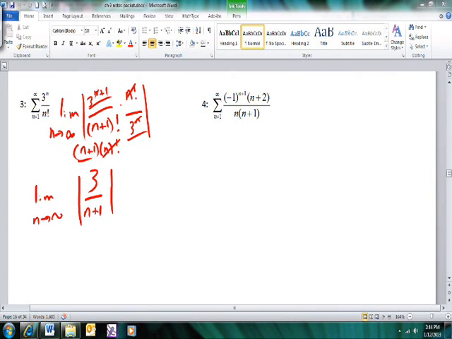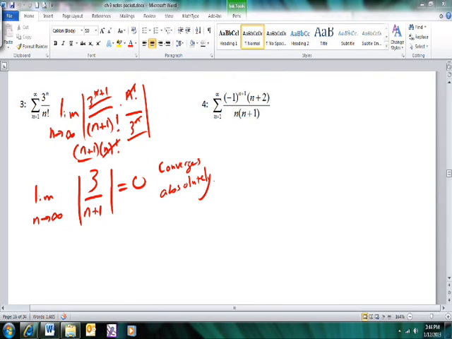So we get the limit as n goes to infinity of this, which equals 0, which implies that it converges absolutely. So that's basically it. You take the next term over the original term, and you take your limit.